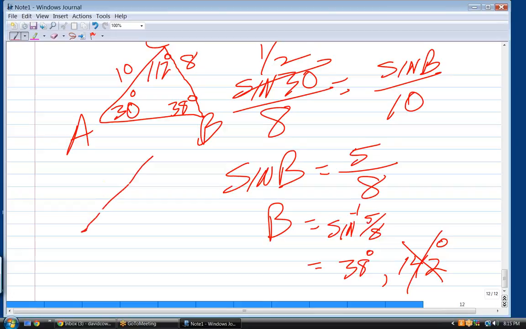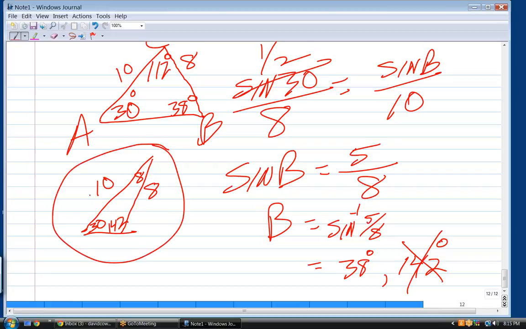And the other solution would be 10, 8, 30, and this angle is 142, leaving 8 degrees for that one. And so you would have to give both answers. In other words, this is a completely different triangle than this, but it does share the angle-side-side. Both of them would be defined.